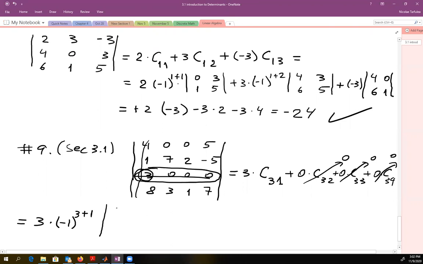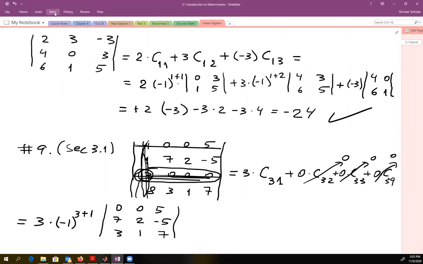So what's left is 0, 0, 5, 7, 2, -5, 3, 1, 7.